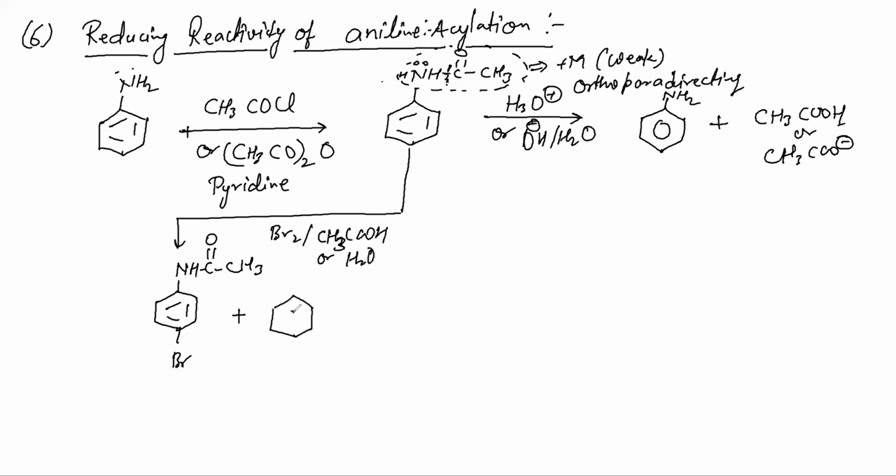So either you will get this and you will get this. Tell me which one will be major? First one will be major. So this is how we perform this reaction. And if we want NH2 back, what will we do?